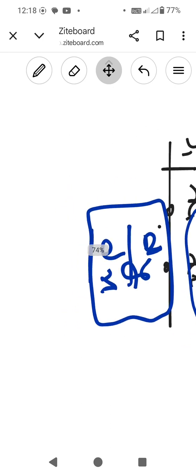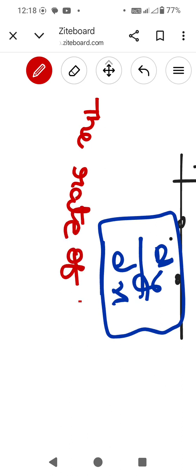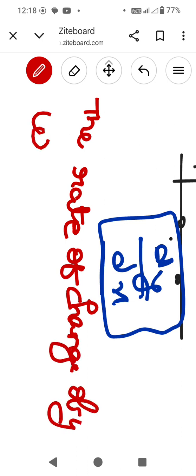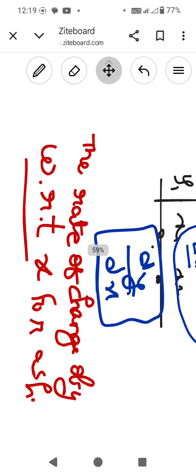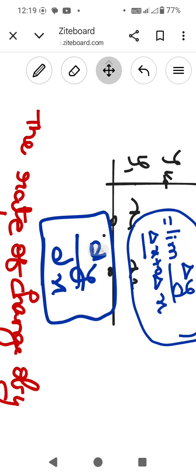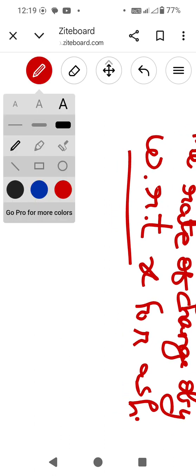In other words, the rate of change of y with respect to x for a short instant is what? Differentiation.